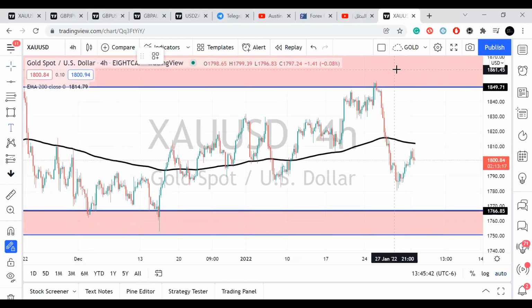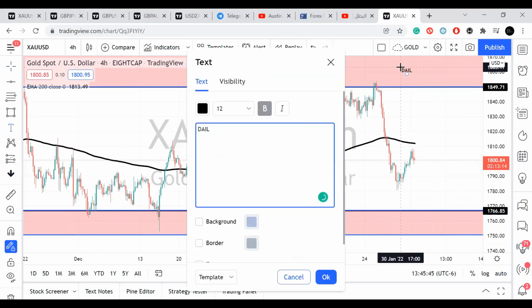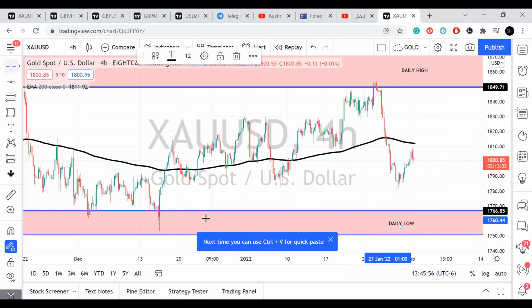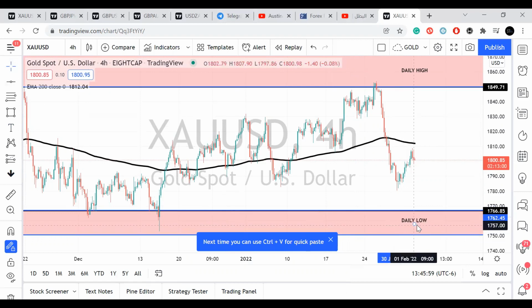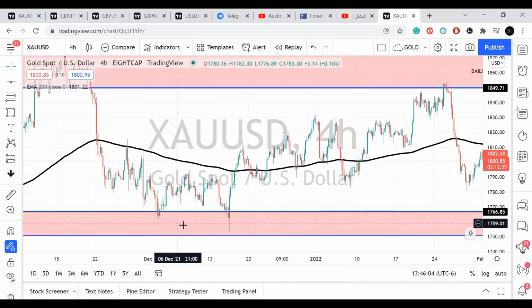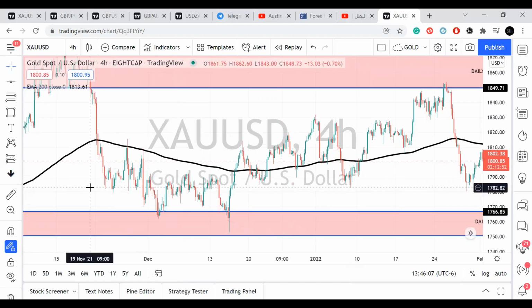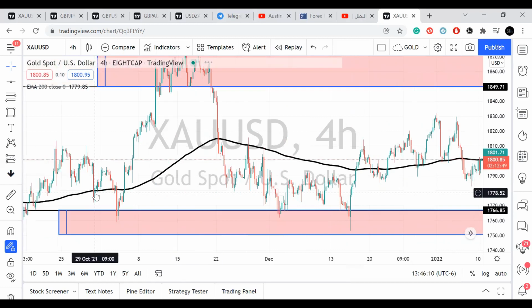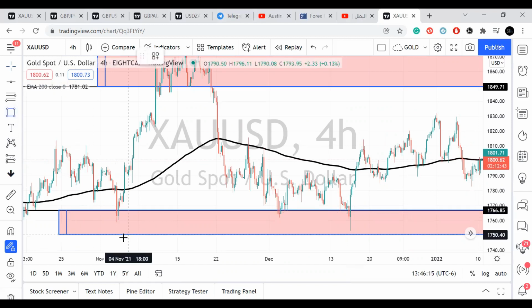So on this H4 time frame now, from this low, from this initial move, price from here gave us this move.